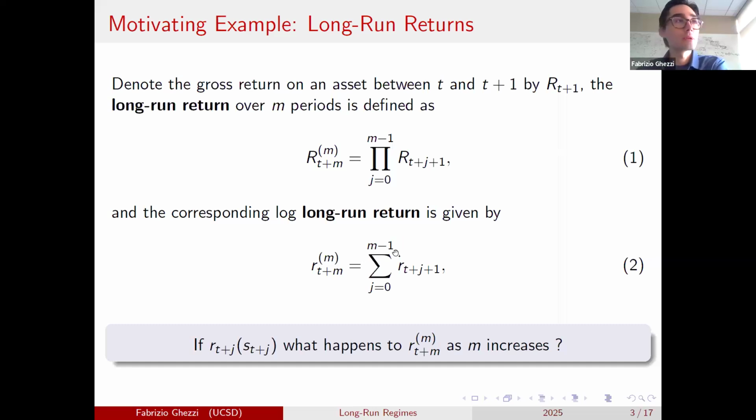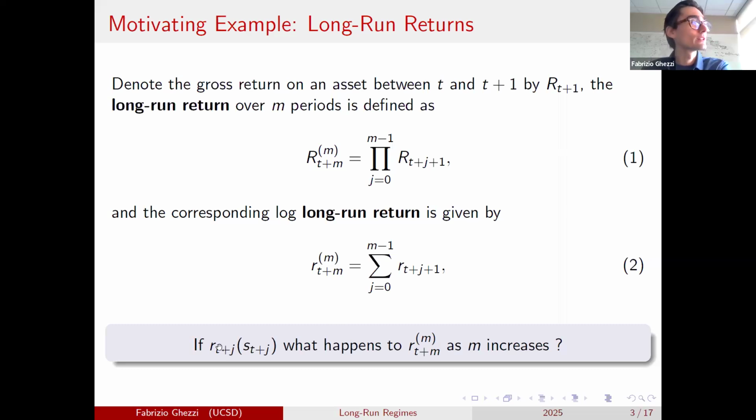And then the question is that in the empirical finance literature, there is ample evidence that one class of models can really proxy well the behavior of stock returns, which is the Markov-switching class of models, which accounts for bull and bear markets, this kind of business cycle dynamics, and it does so by having this latent chain S_t. So the question of the paper is: if the one period returns do actually have regimes, what happens to the long run returns?